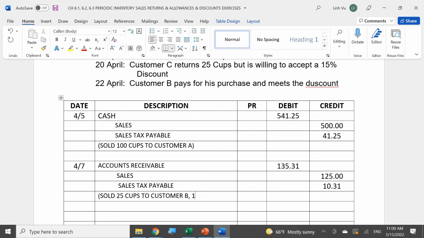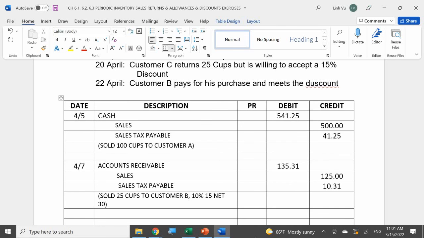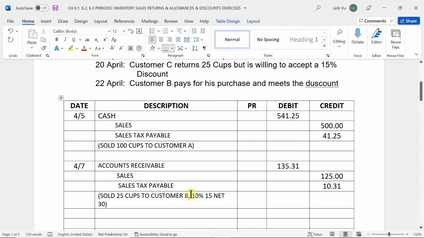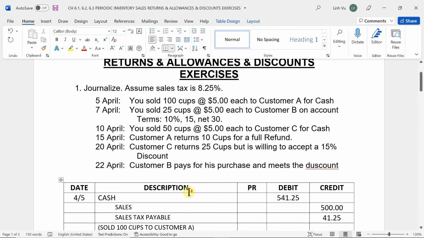And gave him terms of 10% if he pays within 15 days. If not, his entire bill is due in 30. Okay? So in this case, if he were to take advantage of this discount, when is the last day that he can do so? 15. Okay, so we sold to him on the 7th.